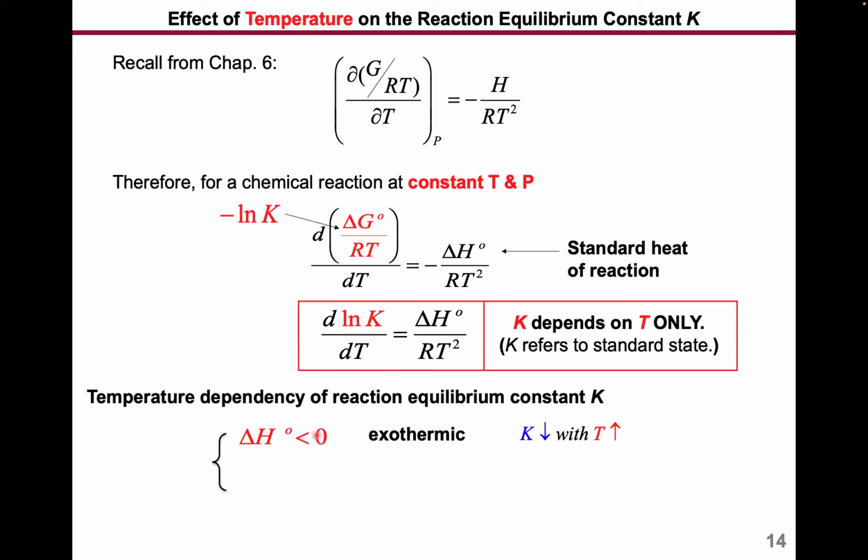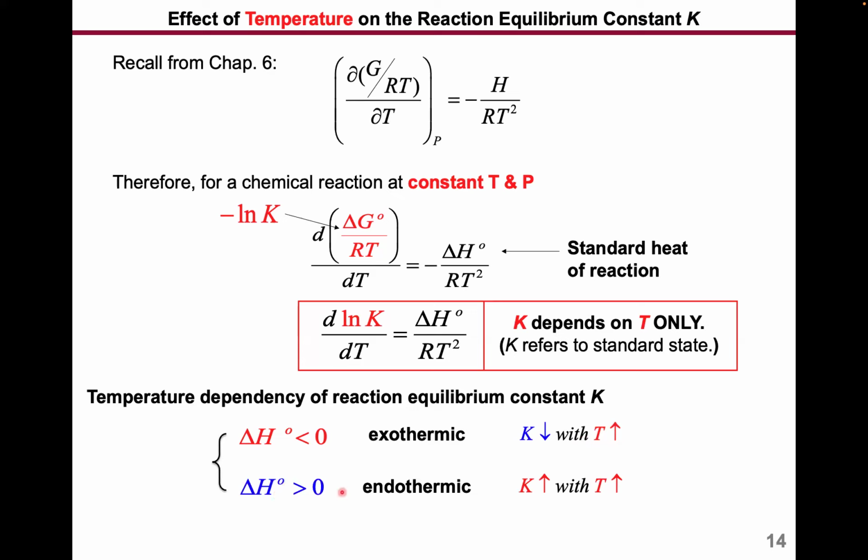So now if delta H° is negative, meaning the reaction is exothermic, giving out heat to the surroundings, then you can see this is negative, RT squared is always going to be positive, and then d ln K/dT is going to be a negative value, right? So that means when you increase the temperature, your ln K is decreasing, and that means your K is decreasing. So for this particular reaction, an exothermic reaction, your reaction equilibrium constant will decrease with increasing temperature.